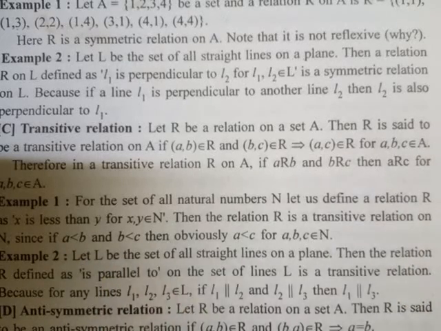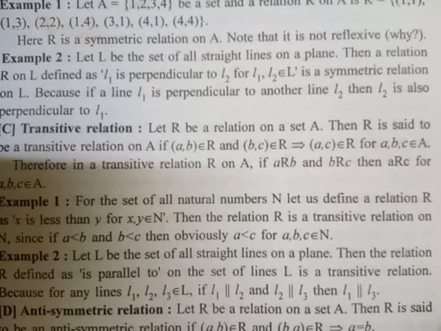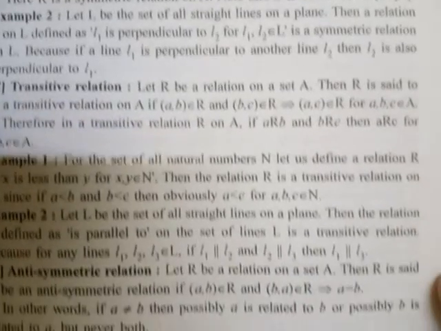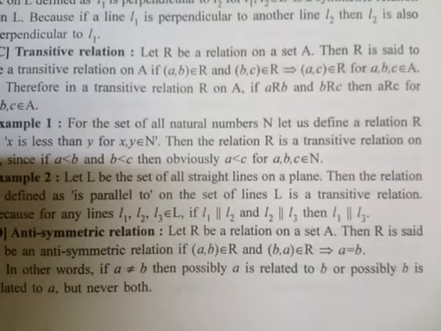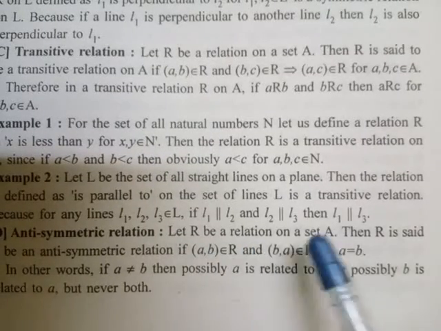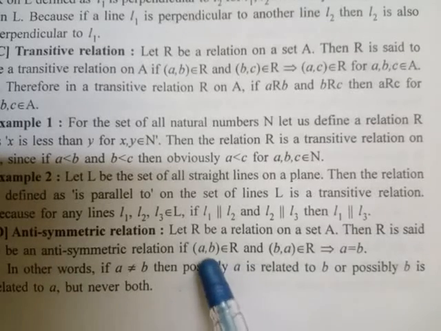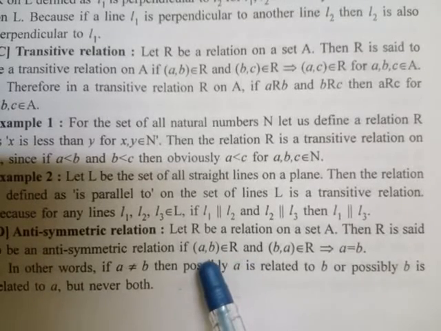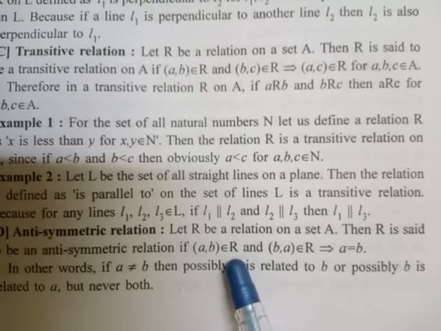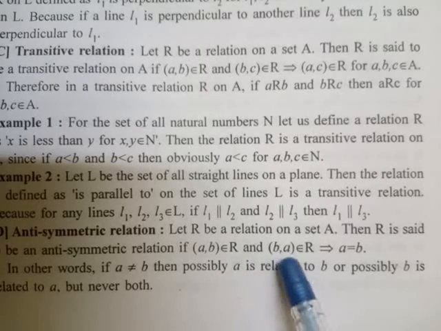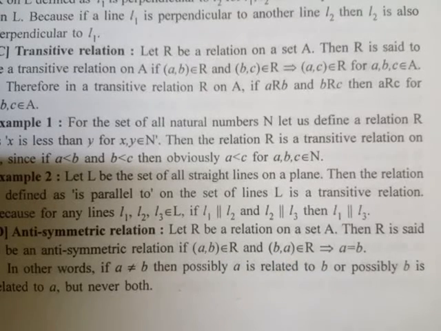So now the next one is antisymmetric relation. What is an antisymmetric relation? Let R be a relation on set A. R is said to be an antisymmetric relation if (a, b) belongs to R, meaning two different elements a, b are related, and (b, a) also belongs to R, for example (1, 2) and (2, 1).